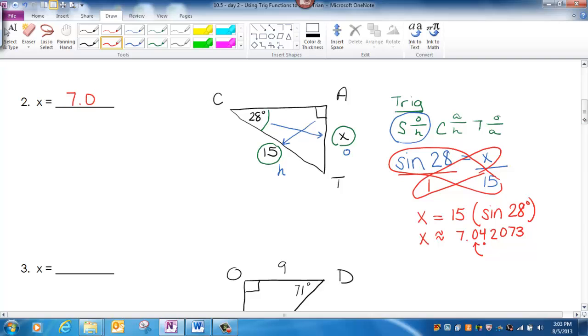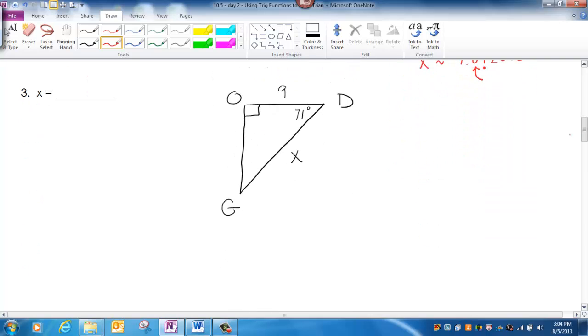Okay, third one. All right, let's look at this. In this triangle, what information do we have? Well, we've got one side that we know, and we have an angle that we know. So if we have one side and one angle and we need to find another side, that means we're going to use trig.